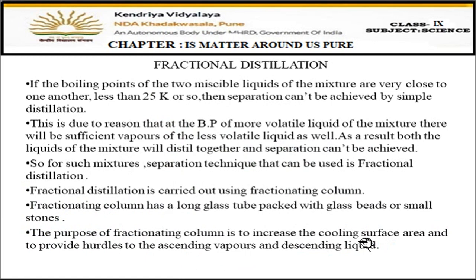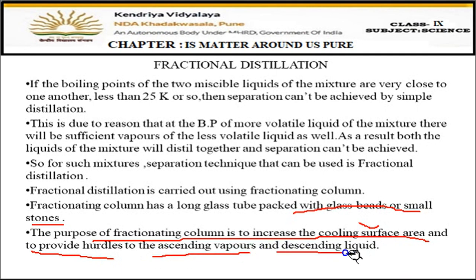Let me first complete this, then again I'll show you. A fractionating column has a long glass tube packed with glass beads or small stones. The purpose of the fractionating column is to increase the cooling surface area. So first, it increases the surface area, and it also provides hurdles to the ascending vapors and descending liquids.